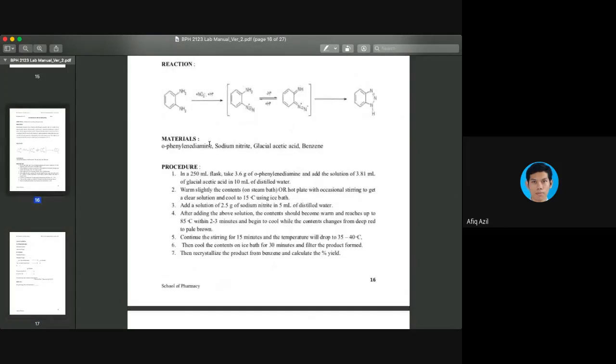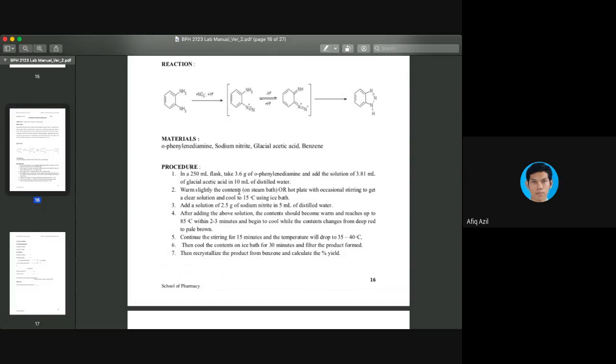The procedure involves basically, in step 1, you are going to weigh the starting material, orthophenylenediamine, and add the solution of this H plus, which refers to the glacial acetic acid, 3.81 in 10 ml of distilled water.